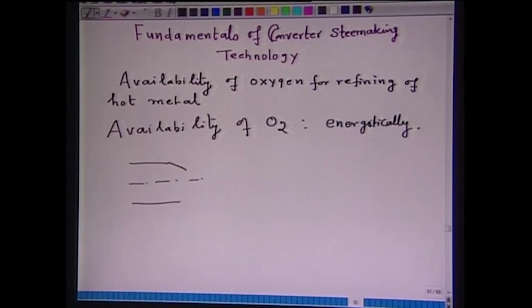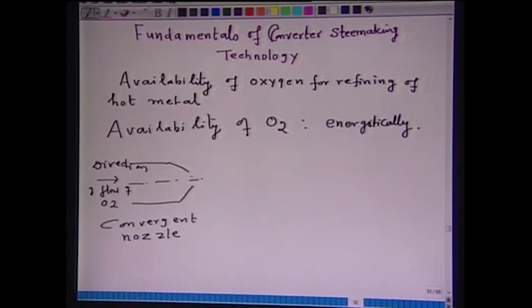So, this is a sort of convergent nozzle. This is the direction of flow, for example, of oxygen.